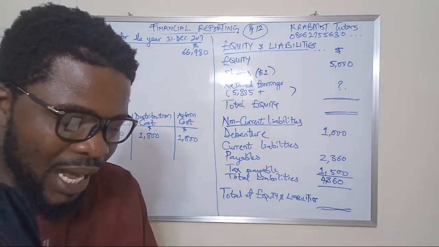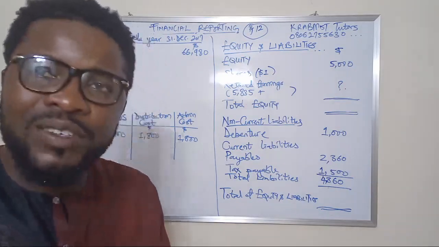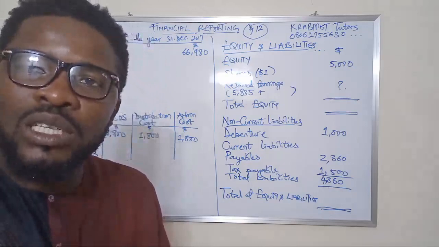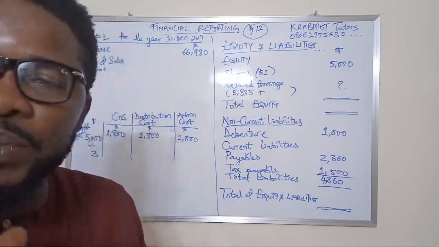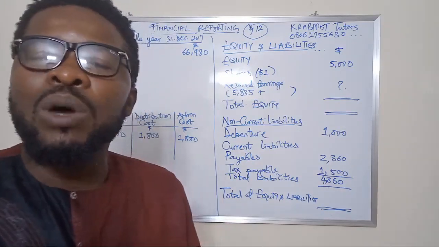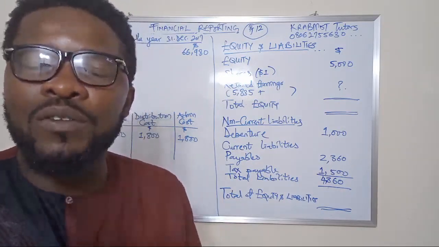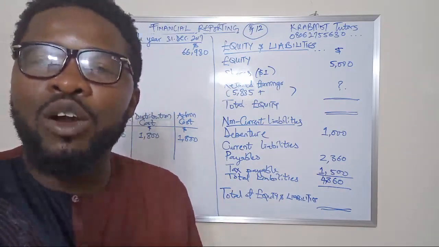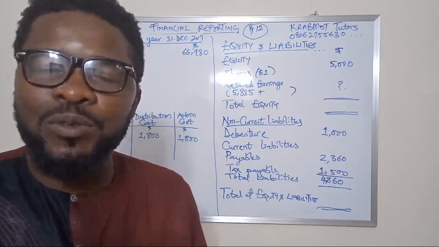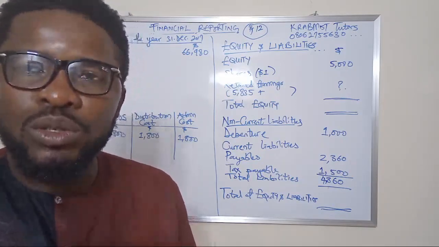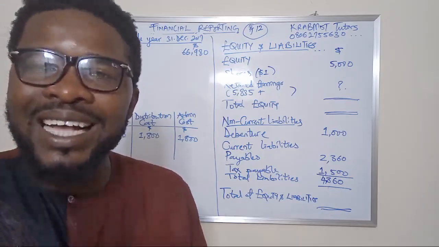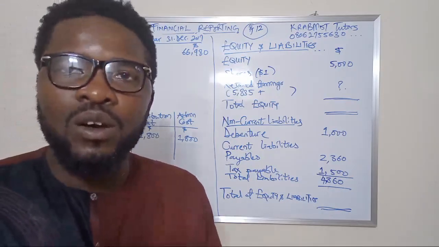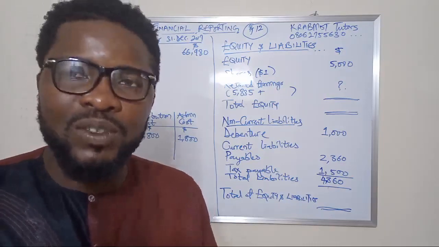Now, what did we have as inventory at the closing that we put in the statement of financial position? I want you to type it. Remember we said when we did the inventory is the lower of cost and net realizable value. Look at your notes. What was the value of inventory as at 31st of December 2017 that we calculated?